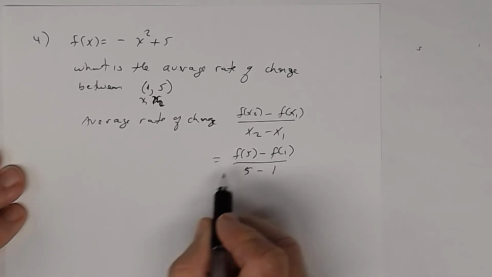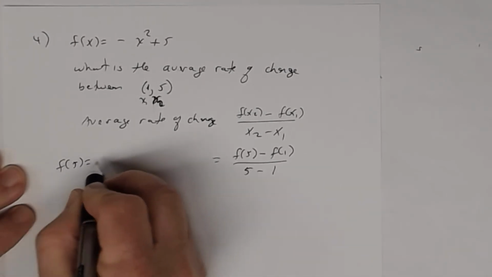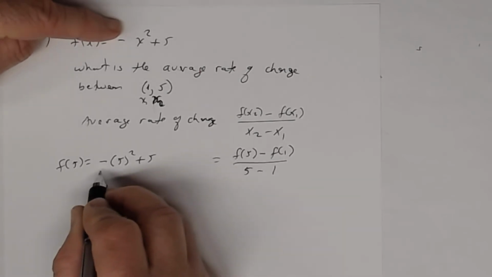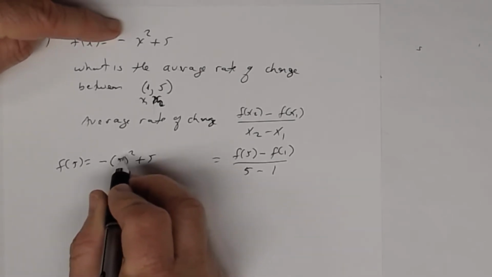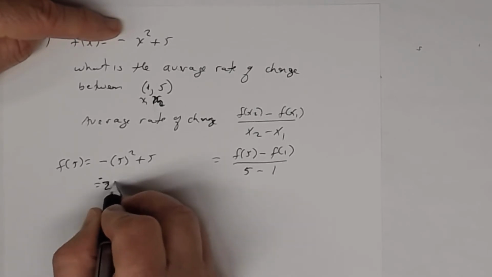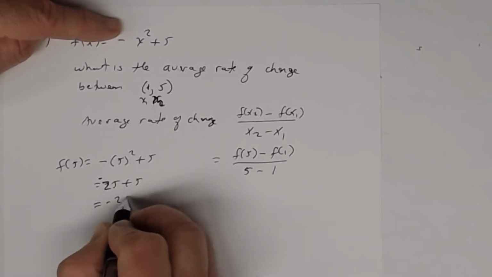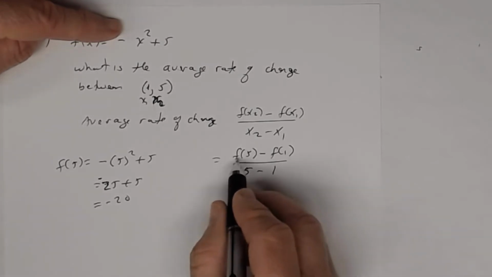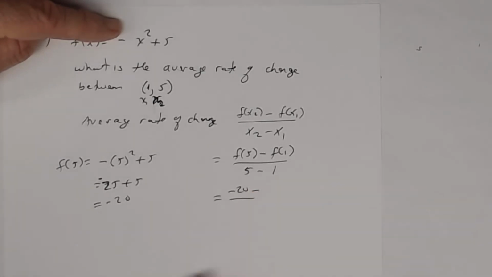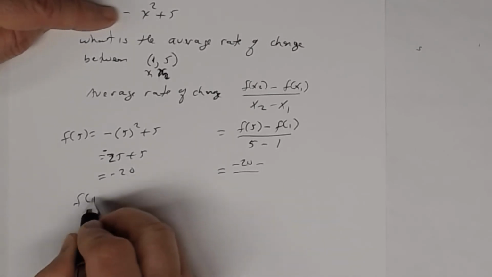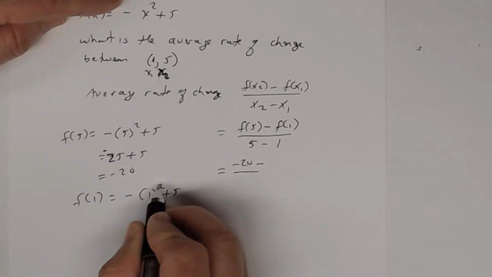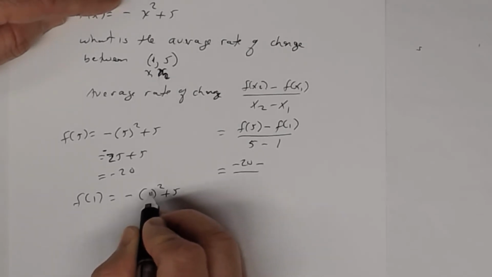And then let's go ahead and find f of 5. So f of 5 will be negative, in parentheses, 5 squared plus 5. Remember 5 squared is 25, so that becomes negative 25. Negative 25 plus 5, which is negative 20. So I get negative 20, subtract, and then we do the same thing for f of 1. So f of 1 will equal negative 1 squared plus 5. 1 squared is 1, so that becomes negative 1.